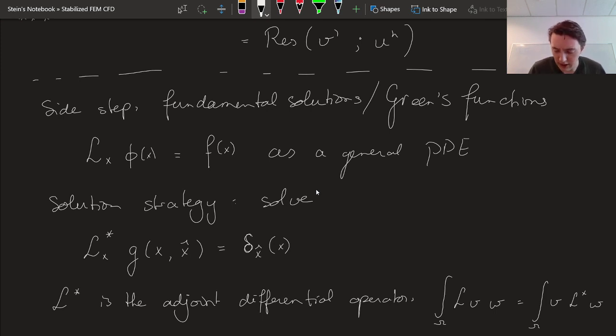Just as a rule of thumb, here we have a couple of L's and L stars. The Laplace operator delta, that's simply going to be delta itself. We call that self-adjoint. If you do integration by parts twice, you obtain the Laplace operator on the other function. But the same is not true for first order operators such as the gradient.